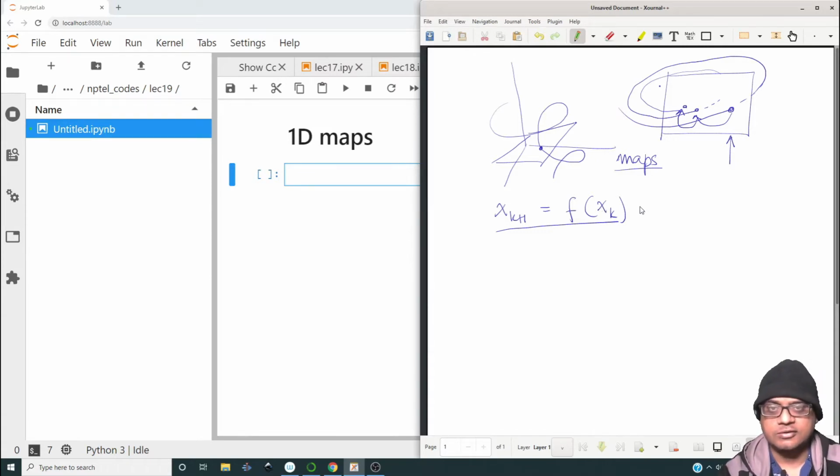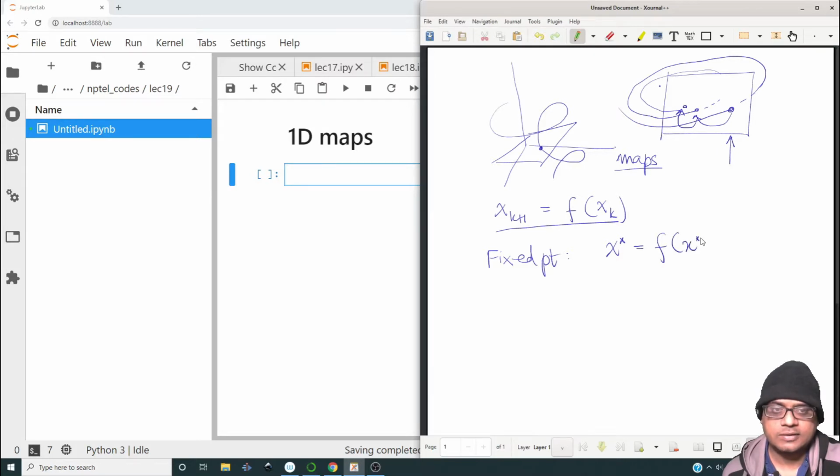Now we will have a bit more insight, and we will see how a simple map can give rise to seemingly complicated things. Right away we observe that if x star is a fixed point, then x star is going to be f of x star. This is by definition a fixed point. The point is mapped onto itself, it's not moving.